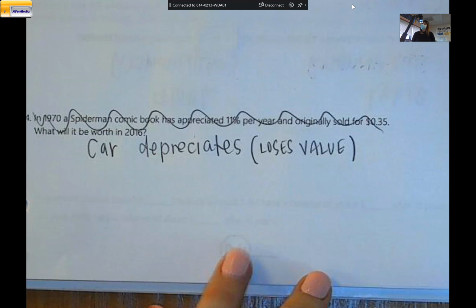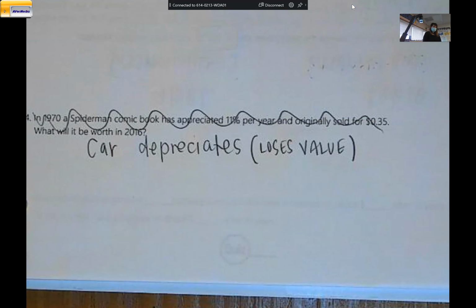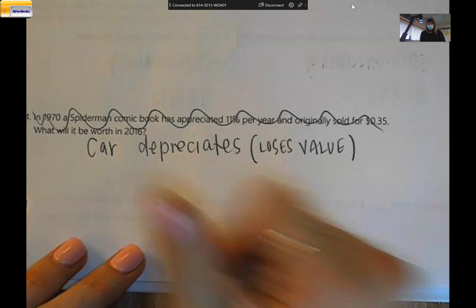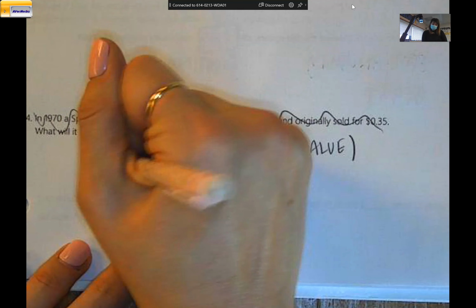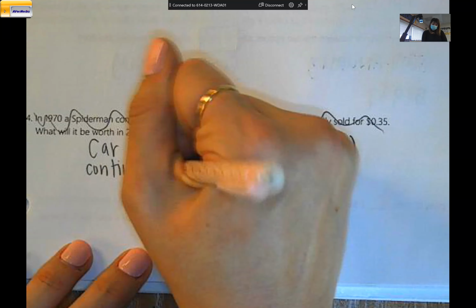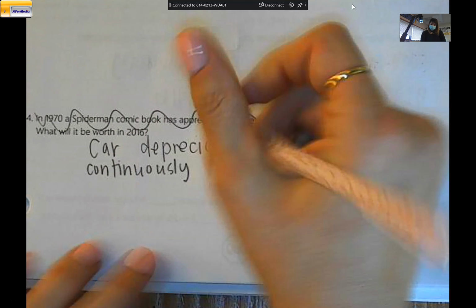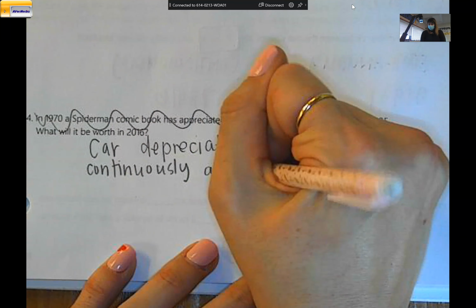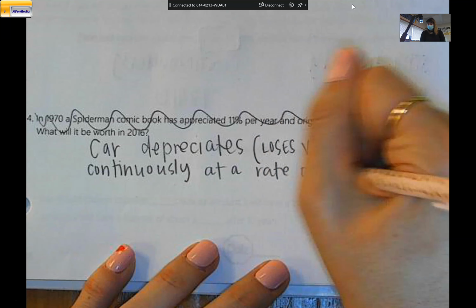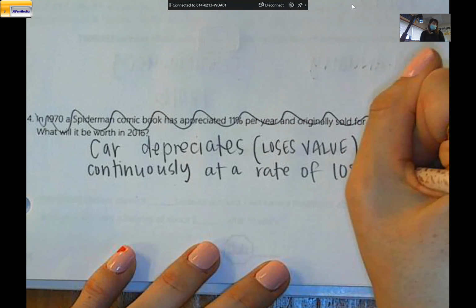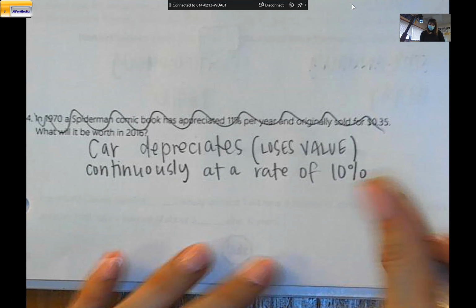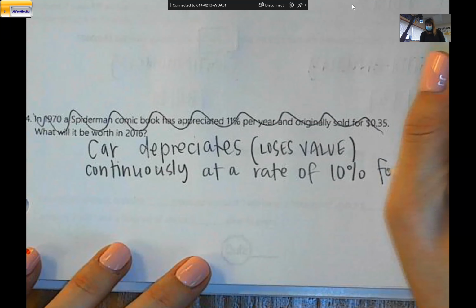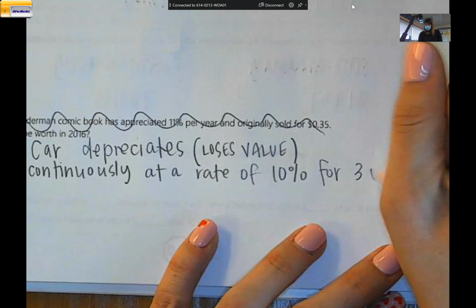A car depreciates continuously at a rate of 10% for 3 years.